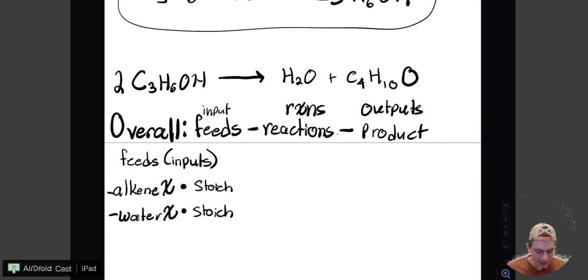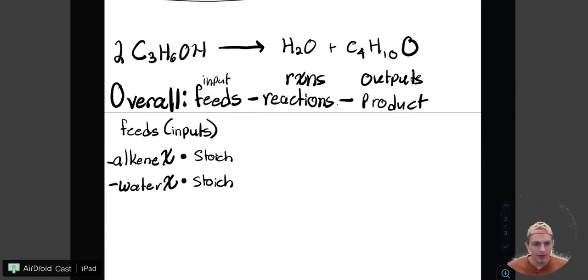Now, what is this alkene X? If we go ahead and make that alkene an array, so let's go ahead and define alkene X here.